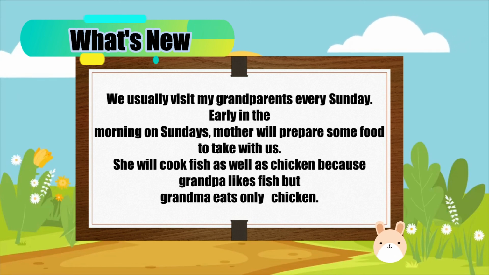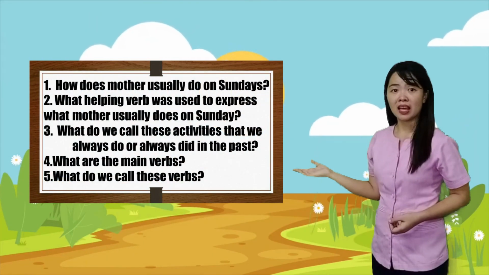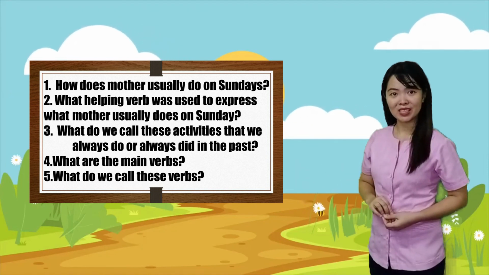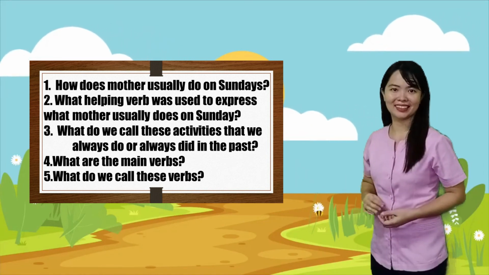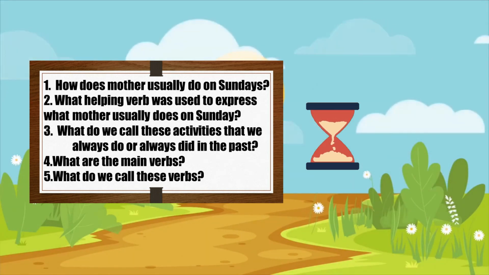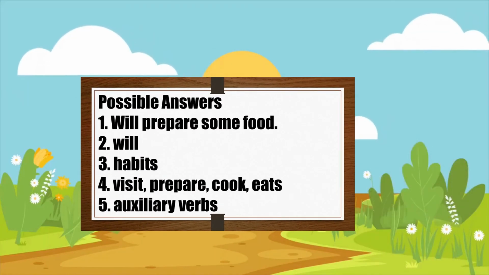Then, answer the questions that follow. Here are the questions that you need to answer. I will give you 1 minute to answer these questions. Your timer starts now. Oops! Time to check! Here are the correct answers.